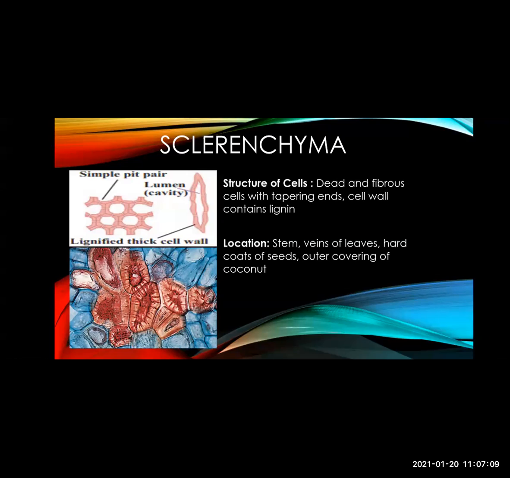That brown stem is due to lignification, that is development of sclerenchyma cells. And the outer covering of certain fruits also shows sclerenchyma cells, especially the hard-covered ones like in the case of coconut, which are lignified, fibrous and dead cells.